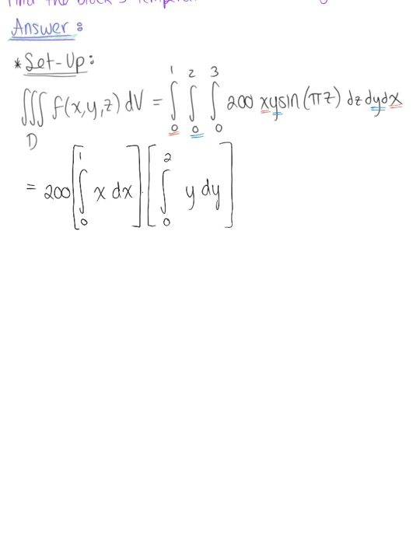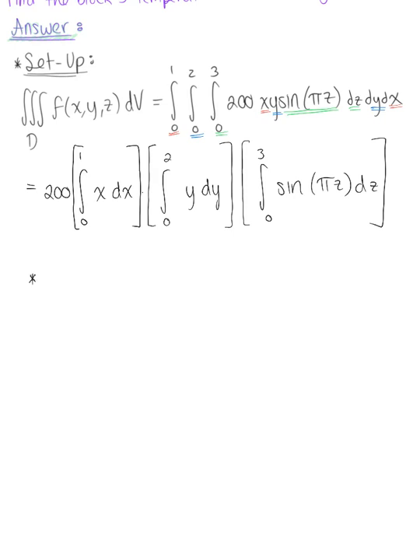And then, last but not least, we have z. So our bounds on z are 0 to 3, sine of pi z. So we can think of this as being multiplied by the integral from 0 to 3, sine of pi z dz. And now we're ready to evaluate each one of these integrals.